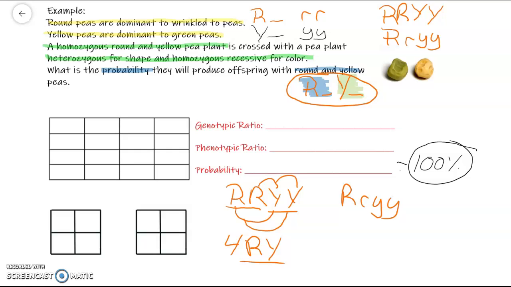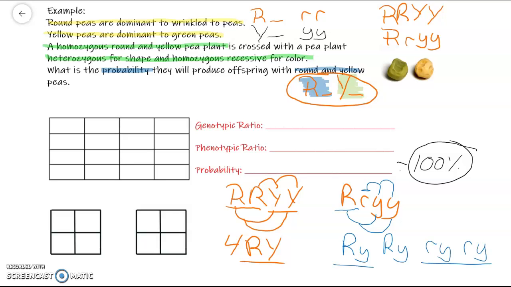While the second parent could give a big R with a big Y, or maybe it ends up with the second little y, or it could give a little r with little y. If I wrote them all out, obviously I really only have 2 specific options.